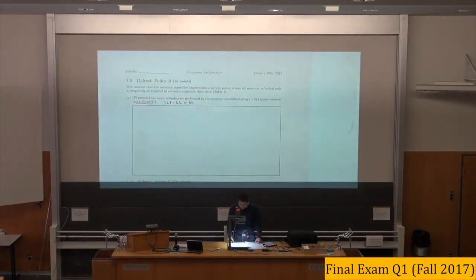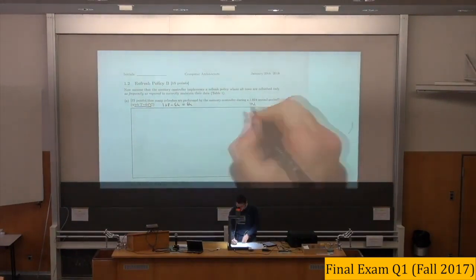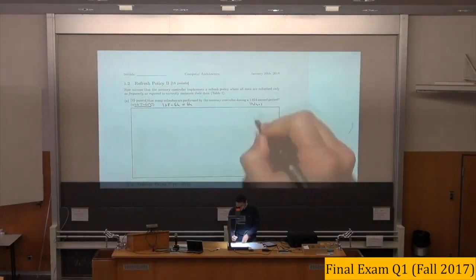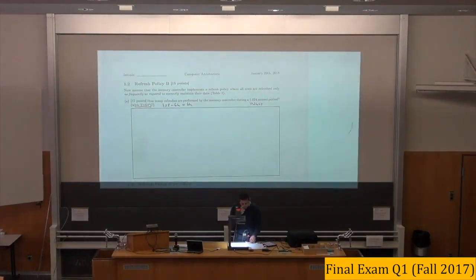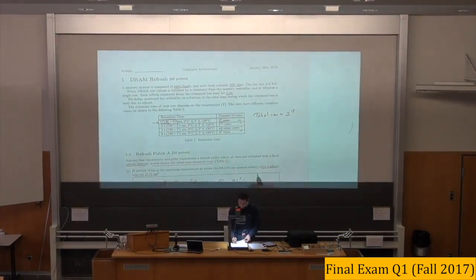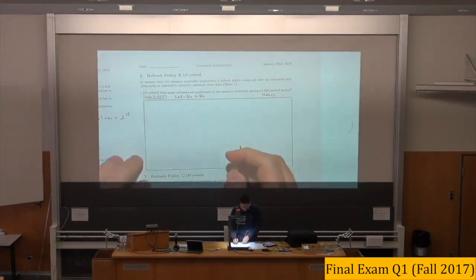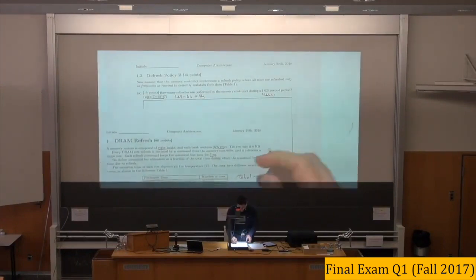So the question asks how many refreshes are performed by the memory controller during a 1024 milliseconds period. So basically we need to find the number of refreshes for each of them. So let's find out.